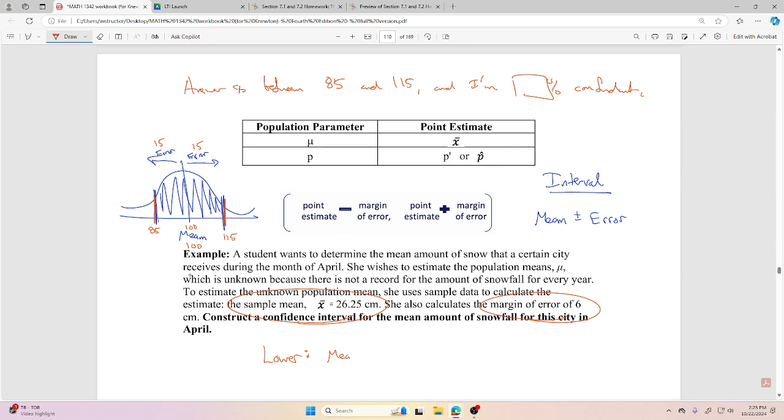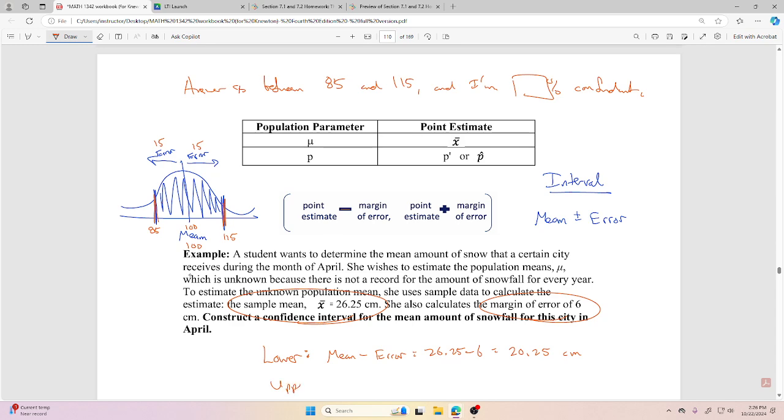Lower, mean minus the error. 26.25 minus 6. Take a guess. Yeah, there you go. And this is in centimeters.